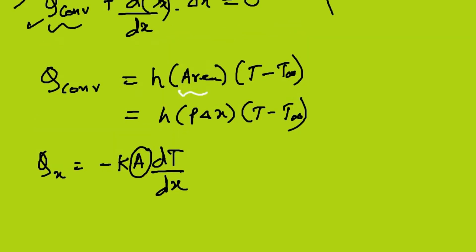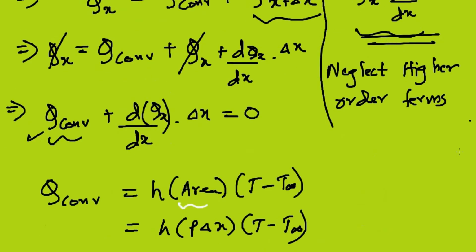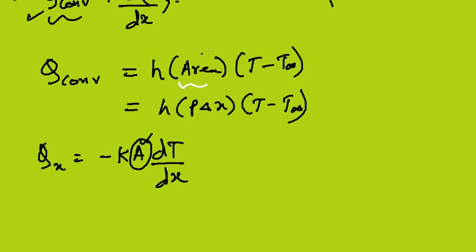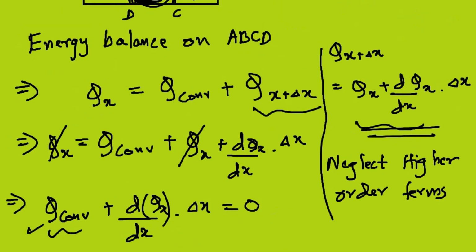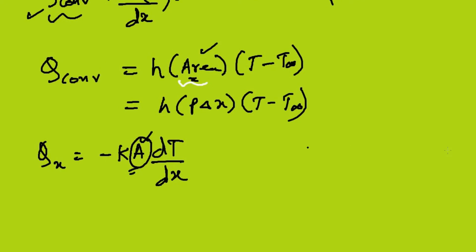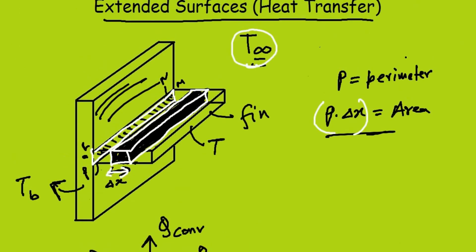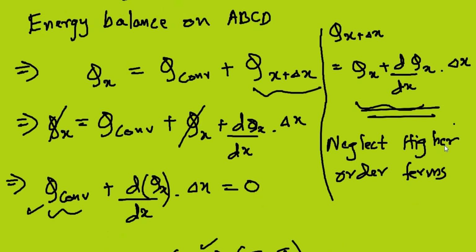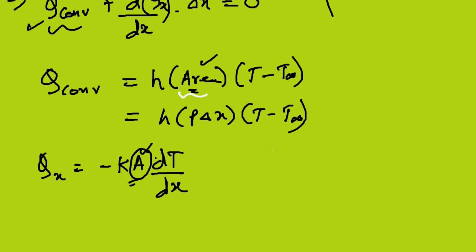This area is not to be confused with the other area. Both of these areas are different. That area is the surface area of the fin, the elemental region which I am making the balance of, but this area A which I am writing due to conduction is the area of this region, that is LMNP. It is a rectangle in this case, so we can easily find the area. So I will keep it as A itself. I will not expand it.